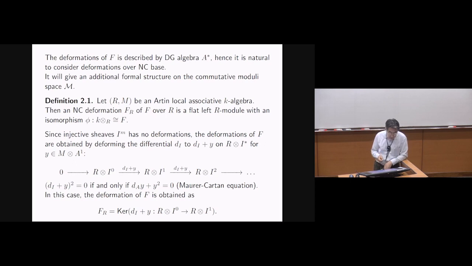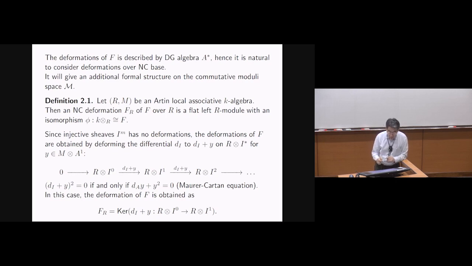And since injective sheaves do not have any deformation because extensions are trivial, one can deform F without changing the injective modules. So each I^m, the injective modules, is unchanged, but only the maps deform.